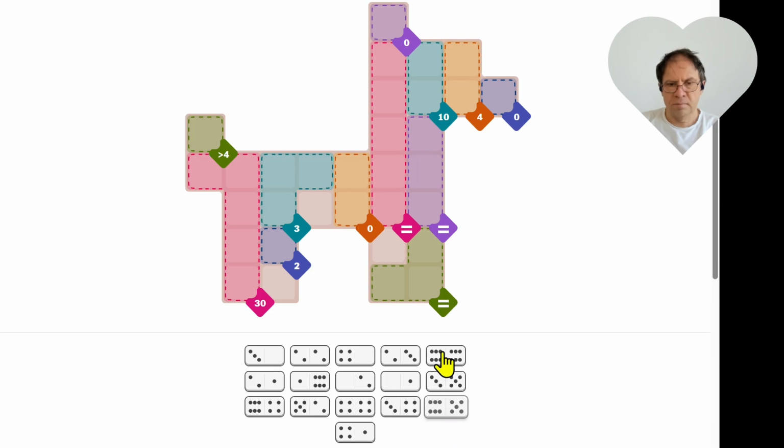And I'm so sad right now. It's not this one. It's not this one. Oh, greater than 4, greater than 4, greater than 4. So it has to be 6 5. Can't be 6 6. Wow, that took a long time. This is why I should not be doing these puzzles.